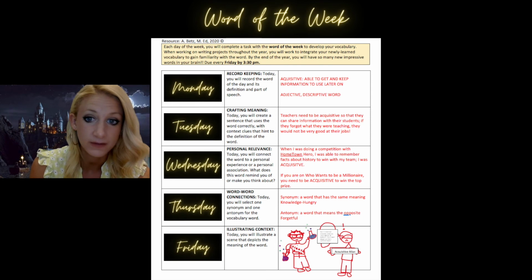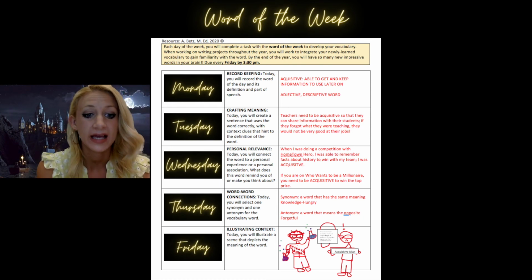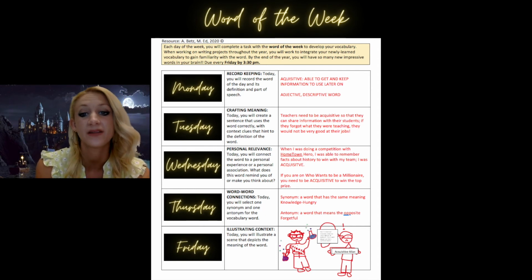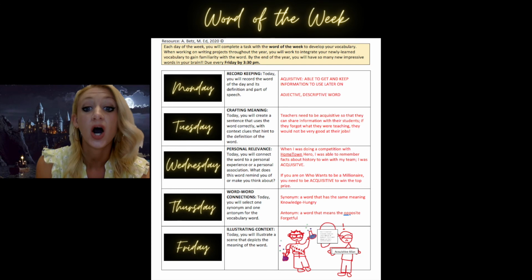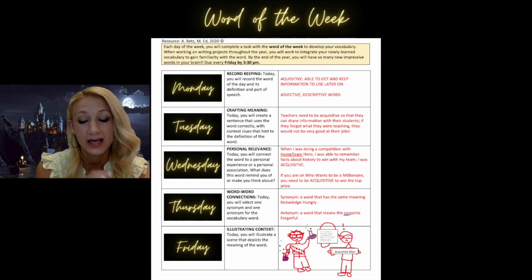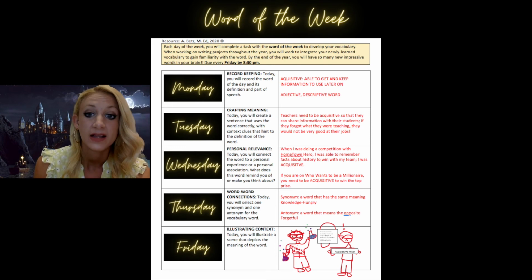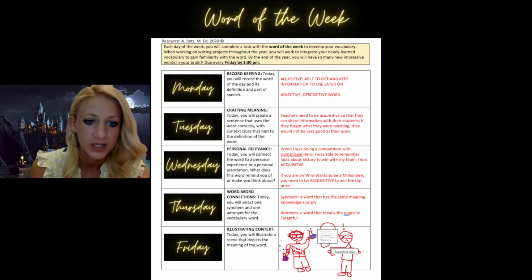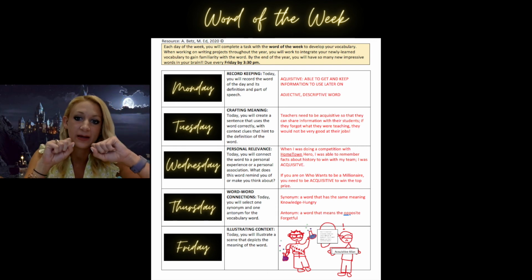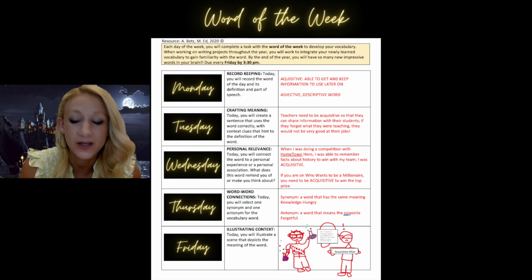And then the last day of the week, Friday, you'll open up your graphic organizer and you are going to illustrate the context. So you are going to think of it as like creating a comic book box where you're illustrating a scene, something that's happening that demonstrates the meaning of the word. So here I have a scientist that has two beakers full of chemicals, and he's about to combine them. And then I have Acquisitive Alan.